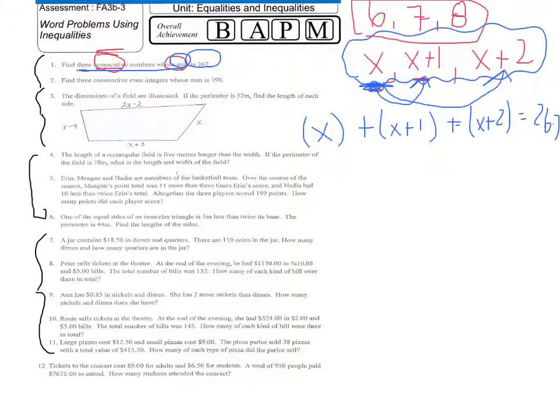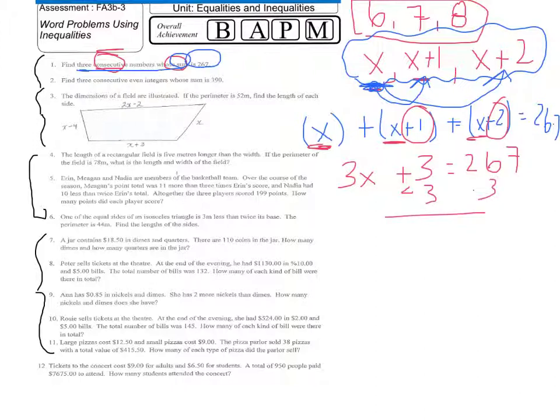When I do the math, I'm going to be left with x plus x, which is 3x, plus 1 plus 2 is plus 3, and this gives me 267. And then I will use my algebra skills, and you can solve for the rest. But that's how you do those types of questions.